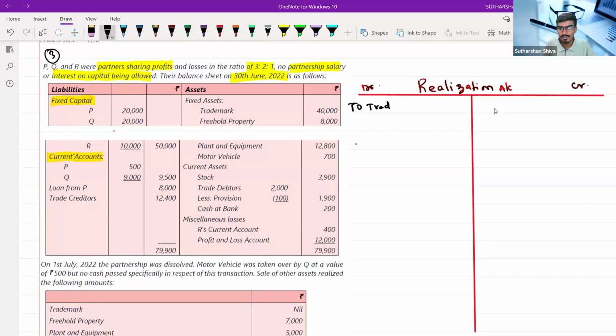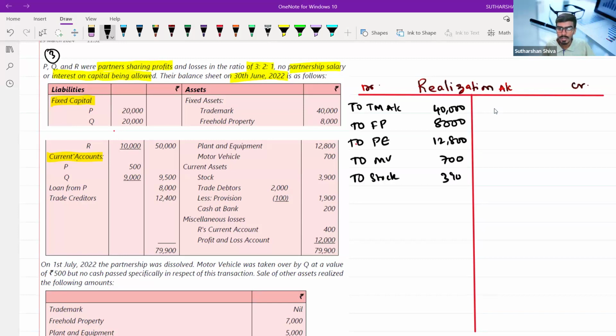I will write short forms; in the exam, short forms are not allowed for you. To trademarks, to freehold property, to plant and equipment 12,800, to motor vehicle 700, and they have given current assets as stock, 3,900.